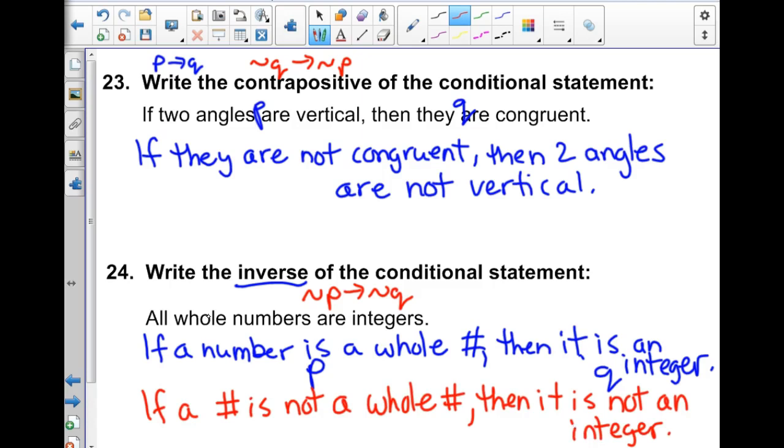Okay, so if you're not given it in the if-then form, you need to write it in if-then form and then do the question. So this is our answer.